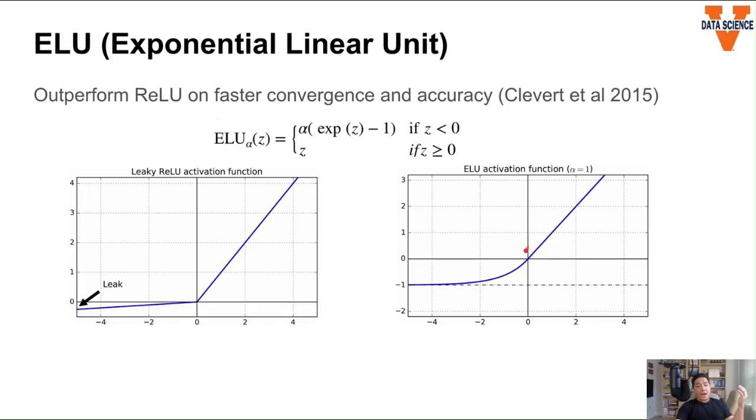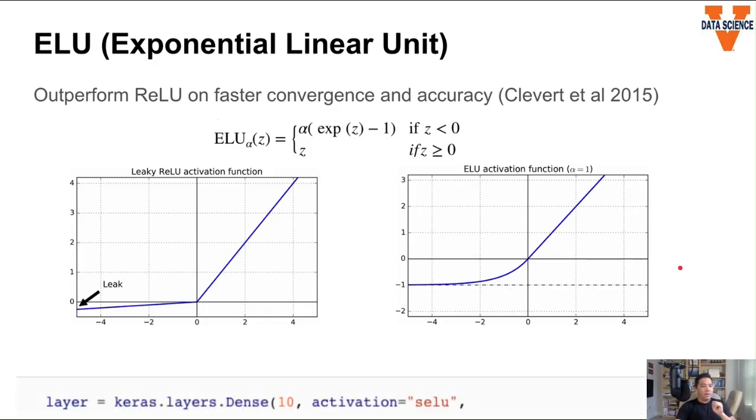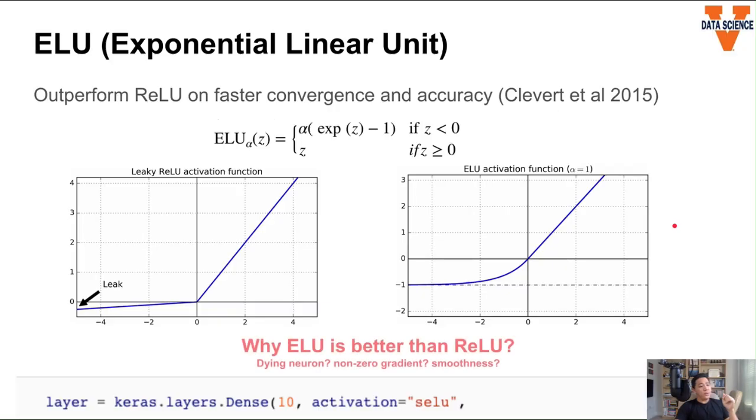So ELU is kind of like leaky ReLU as well, except that this would be a smooth exponential curve that you can manipulate. Right, so you have -1 here, I guess, and you can manipulate how you want it to behave. Now you can use that directly in Keras with activation equal to CELU. So CELU here is the scaled version of ELU to specify some value of alpha here. But the nice thing about this compared to ReLU is it gives several advantages.